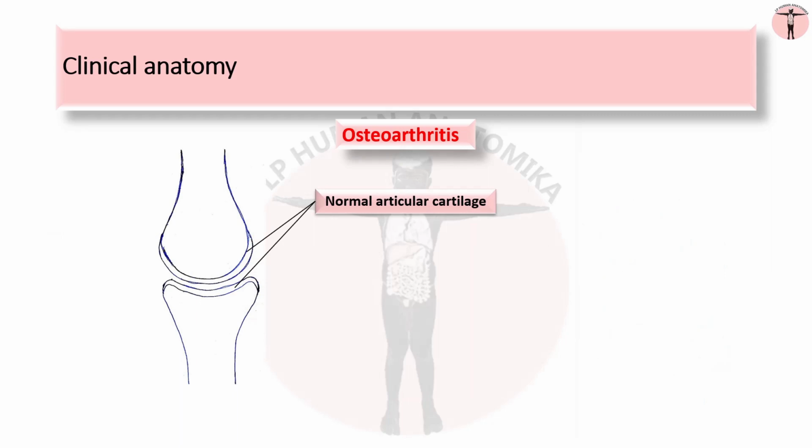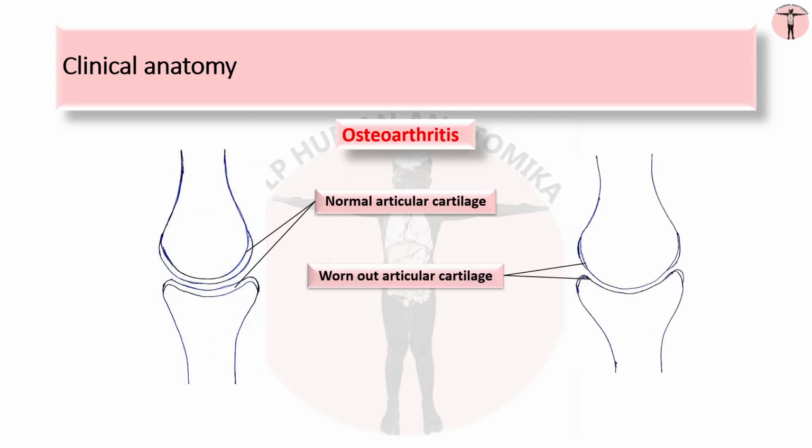The intact normal articular cartilage is as seen in the side view of the knee joint. Worn out articular cartilage as seen from the side view causes joint inflammation as two bones start rubbing directly against each other. You can see the worn out cartilage in the second picture; only the bone is present, which is rubbing against the other bone.